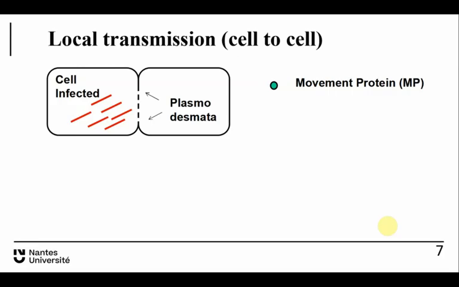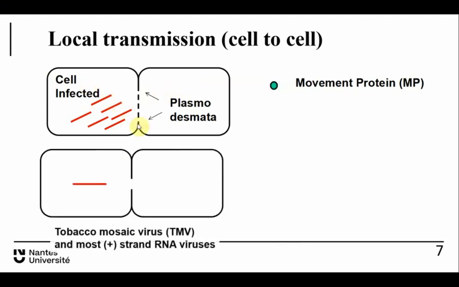So all plant viruses have local spread from cell to cell through the plasmodesmata. Okay, so these are the holes that connect the cytoplasm of neighboring cells in a plant tissue. And this is done by moving the plant virus genome from one cell to another via the actions of a movement protein.